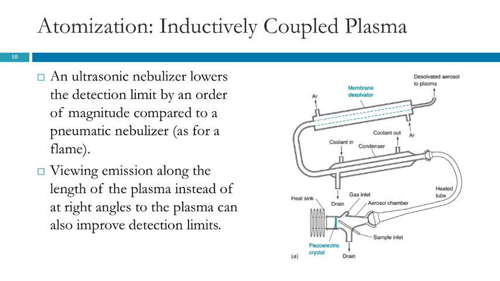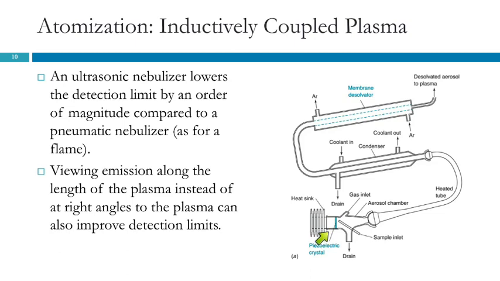So you can use a pneumatic nebulizer similar to the one I described for the flame spectroscopy instrument, but you can actually improve your detection limit. You can lower it by an order of magnitude by using an ultrasonic nebulizer. I'm not going to go into the details of this, but it's kind of cool.